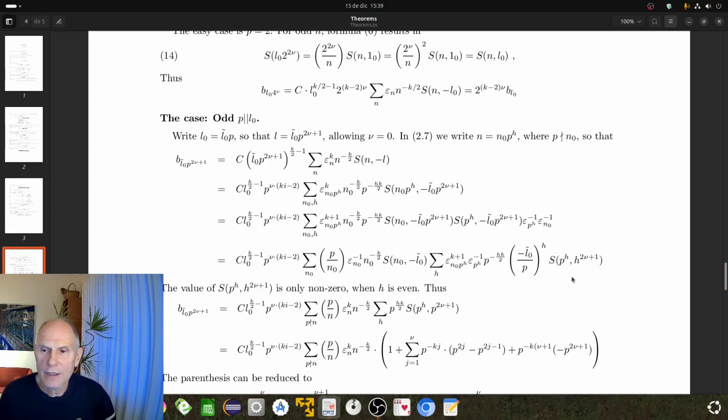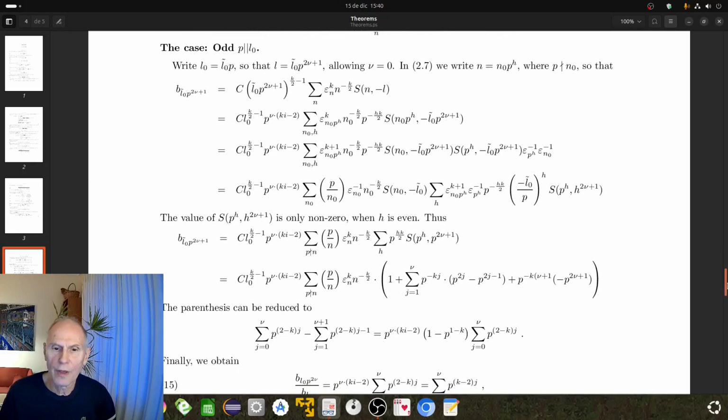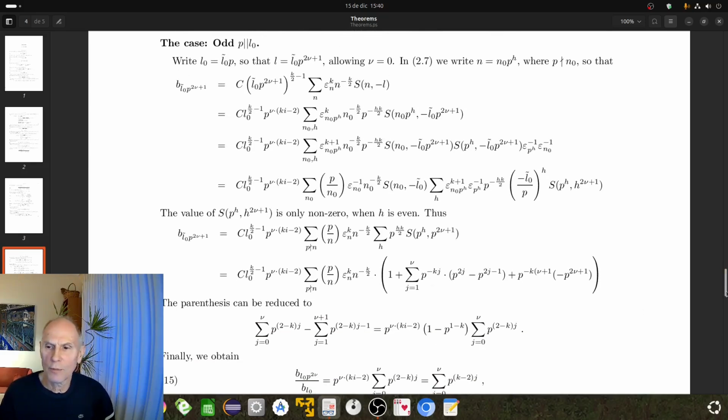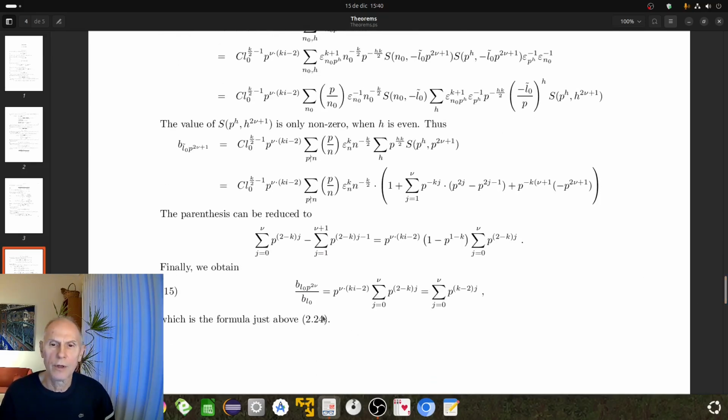That is nice, because then h is even, nothing here. And of course, this is epsilon n naught. And this is unity, so it becomes very simple. And then we get the formula from the book. Nice and simple.